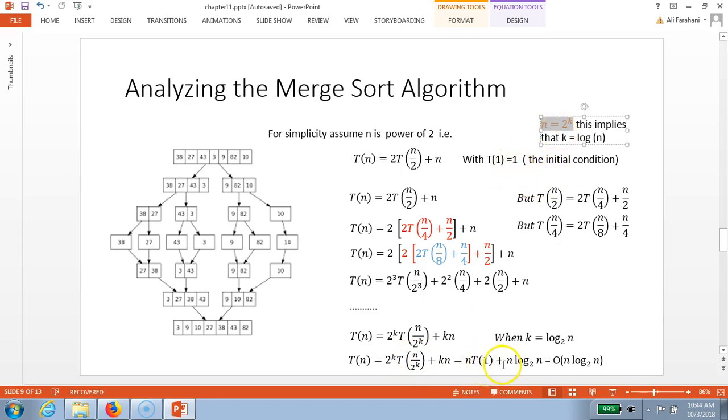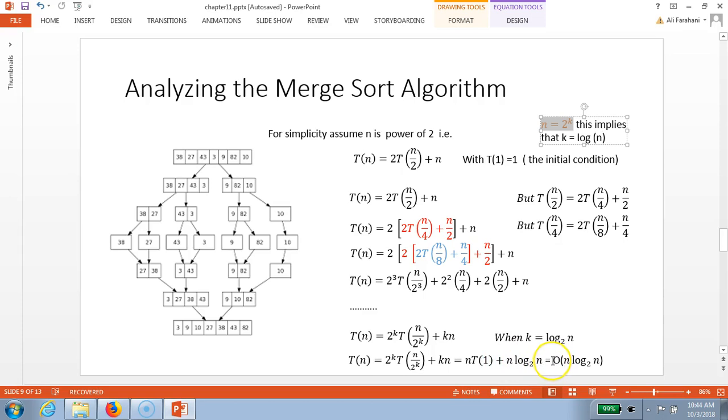And then plus, what is k times n? K, as I said, is log base 2 of n. So this becomes n times log base 2 of n. Replacing this t of 1 by 1, the final computation is n plus n log base 2 of n.